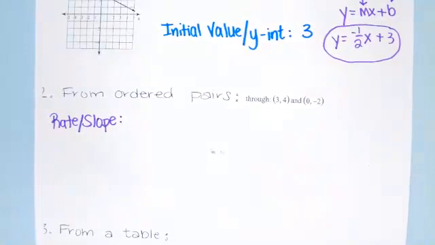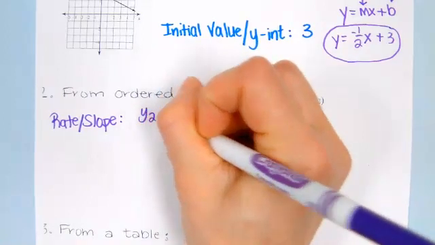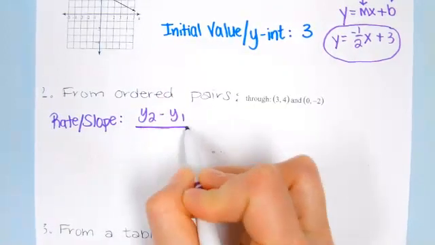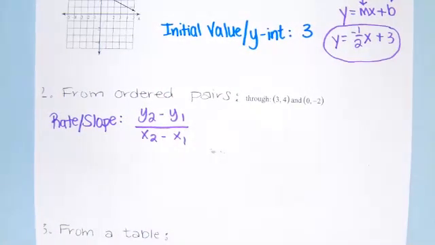Okay, now this rate or slope, you cannot use rise over run because there's no graph, right? You have to use Connor's formula that he gave in the last one, y2 minus y1 over x2 minus x1. And you have to remember how to label it.